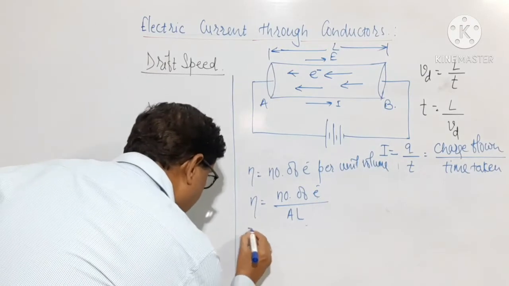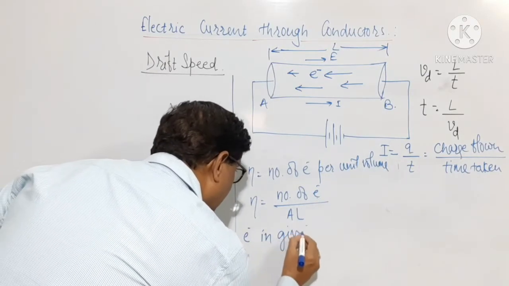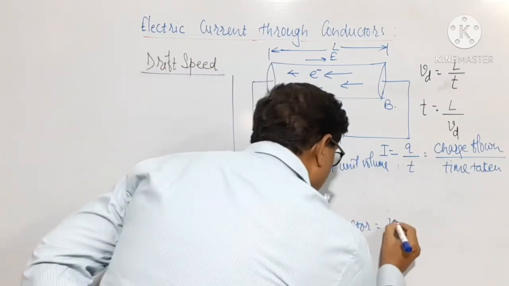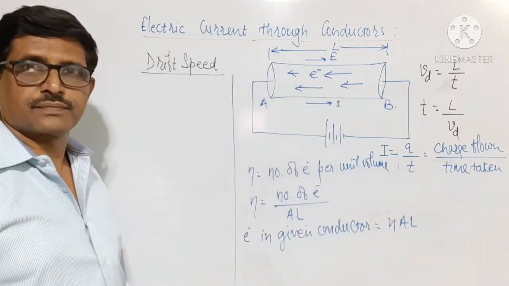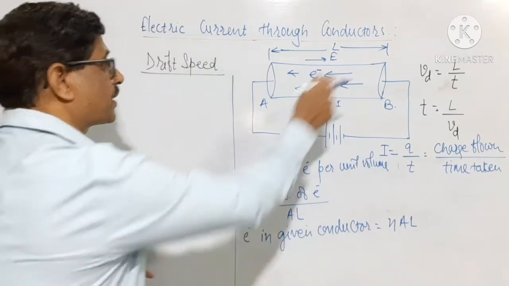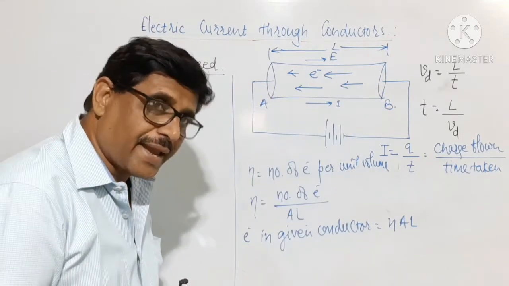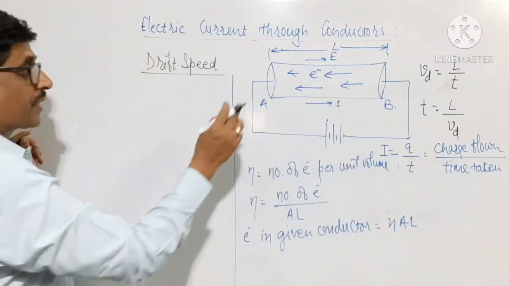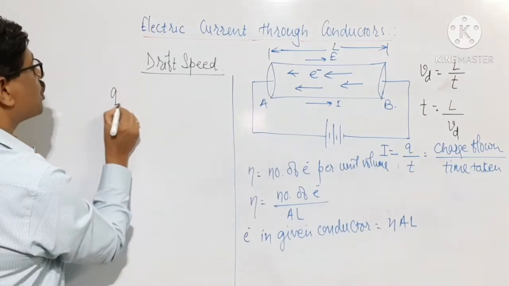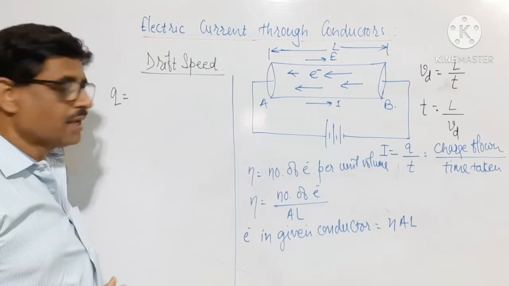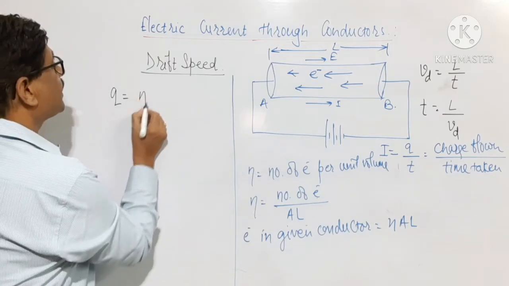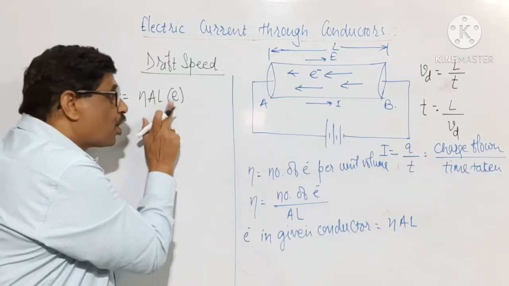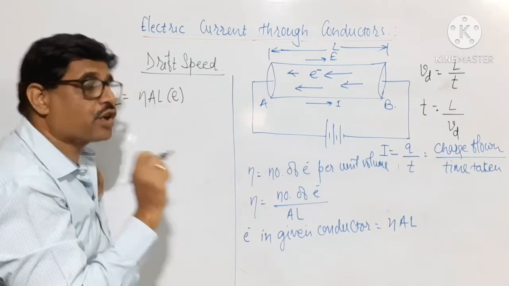The electrons in a given conductor is equal to n into A into L. These are the electrons in a conductor which are moving from B to A. Then the charge on these electrons is n into A into L into small e, where small e is the charge on one electron.